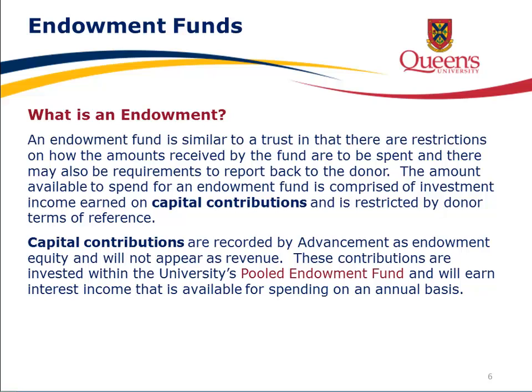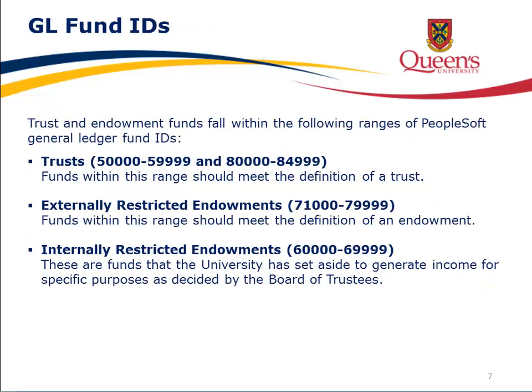Trust and endowment funds fall within the following ranges of PeopleSoft General Ledger Fund IDs. Trusts will fall within the range 50000 to 59999 and 80000 to 84999. Funds within this range should meet the definition of a trust.